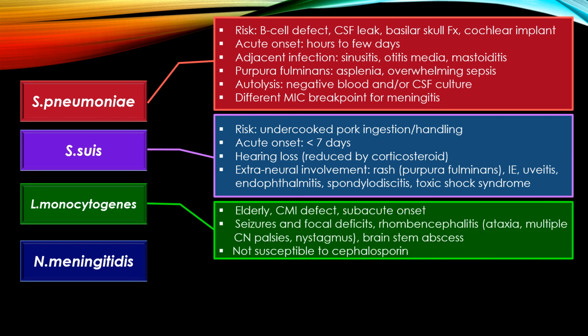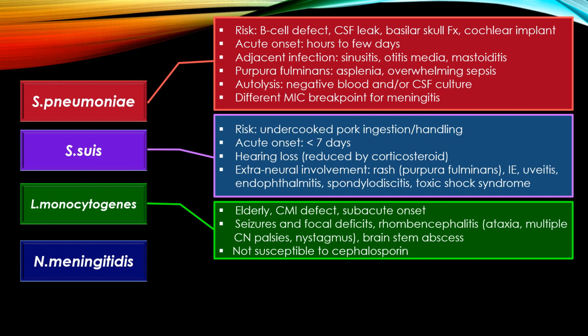For Listeria, the risk is the elderly and CMI defects. This pathogen has a quite subacute onset, maybe a few days to weeks, and some patients may have seizures and focal deficits. This pathogen has a unique feature: other than meningitis, it may involve the brain parenchyma, causing encephalitis.